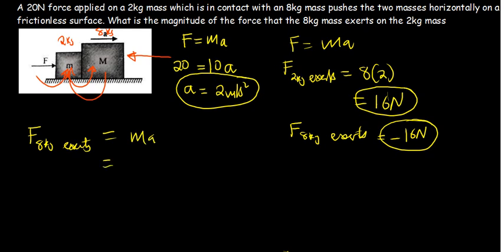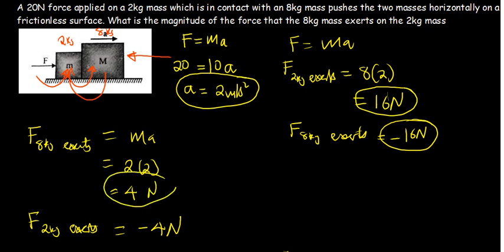Now you're exerting the force on the 2 kg object, and the acceleration is 2, so that would have given us 4 newtons. This would have been the same force that the 2 kg object would have exerted on the 8 kg object, but with the opposite direction. So you consider the direction in which the force has been applied.